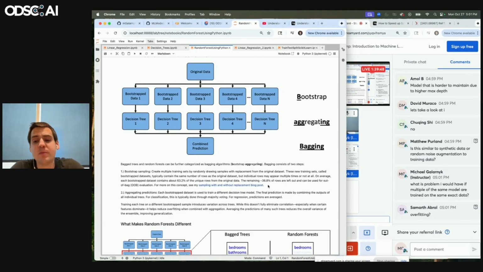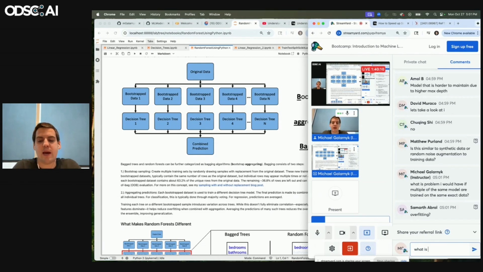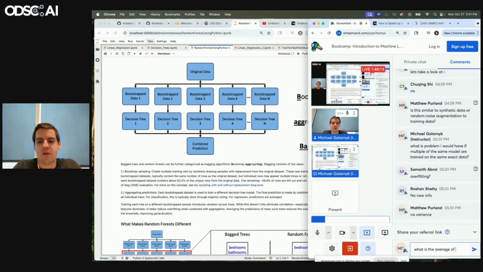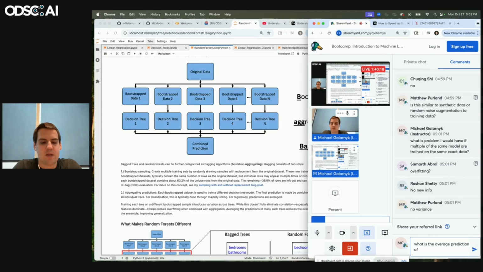Overfitting, that's true. That will happen. But if I'm averaging multiple of the same models together and then aggregating the prediction, what's the problem with this? If I take the average of, okay, let's just do simple math, what's the average prediction of Setosa, and Setosa?